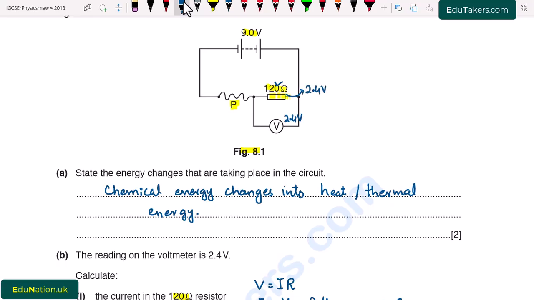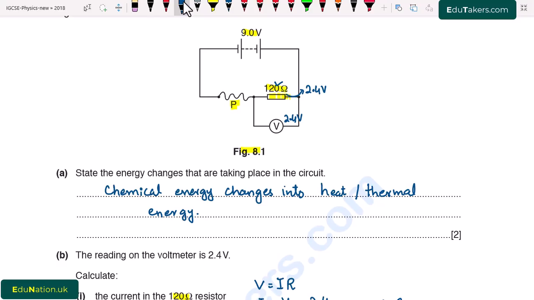We can see here that the battery, wire P and resistor are in series, and in a series combination the potential difference of the battery must be equal to the sum of the potential differences across the different components.